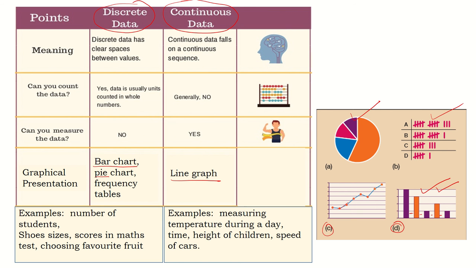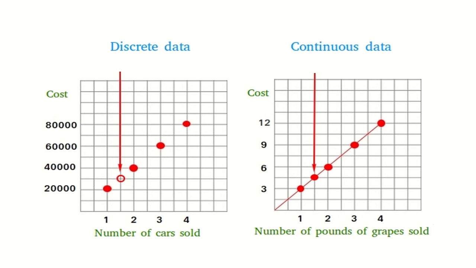Examples of discrete data are number of students, shoe sizes, marks or scores in maths, choosing the favorite fruit that we have done before, the favorite color, and so on. Examples of continuous data are measuring temperature during the day, the height of children, the weight of children, speed of cars, and distance that we cover.